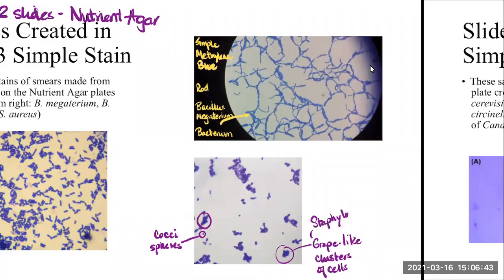The staphylo refers to the way that the cells cluster, and the coccus refers to the fact that the individual cells are spheres. So grape-like clusters of cells that are spheres tells us the genus is going to be Staphylococcus.